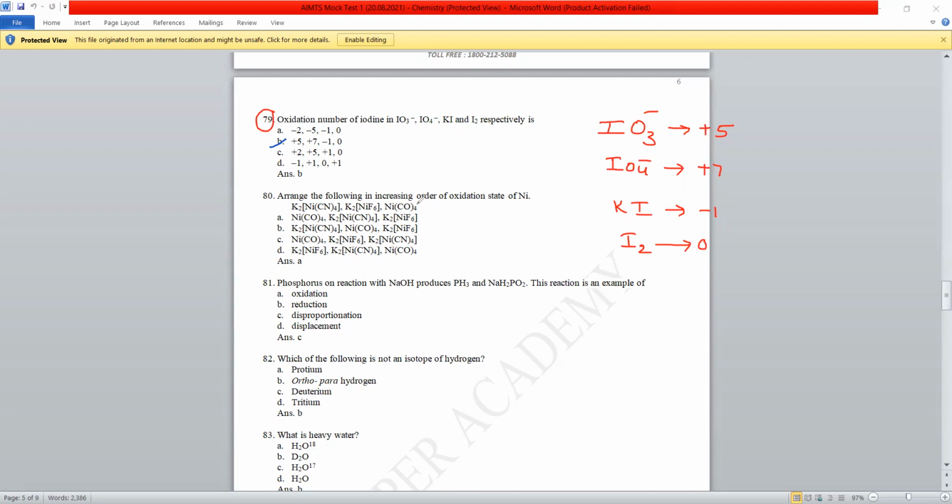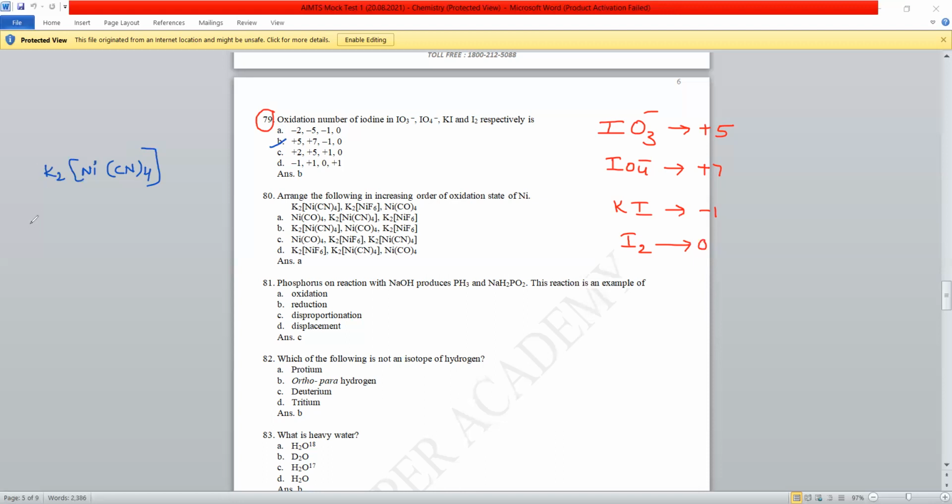Next, arrange the following in increasing order of oxidation state of nickel. Follow the same method here also, for the coordination complexes. K2[Ni(CN)4], potassium tetracyanonickelate(II). We have to find the oxidation state.